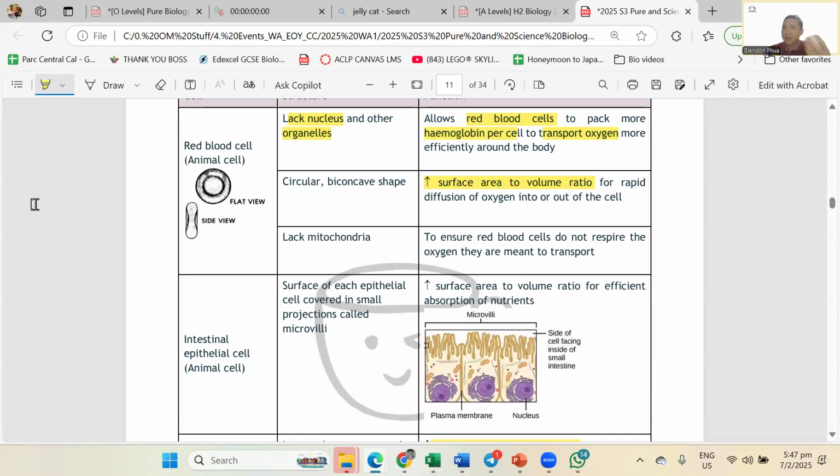The AI bot won't eat my pizza, ma. But the red blood cell is big brain, is higher order than us. It has already solved the solution. My mitochondria will use the oxygen. If you use the oxygen, then I cannot transport the oxygen. So what I do, I just remove my mitochondria. That's how you remember it. My red blood cell needs to transport oxygen. So I just remove anything that will use my oxygen.